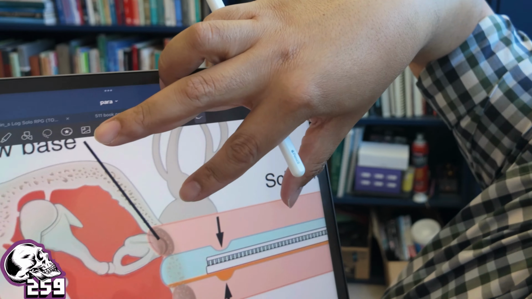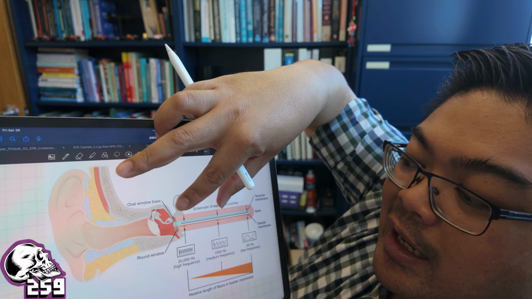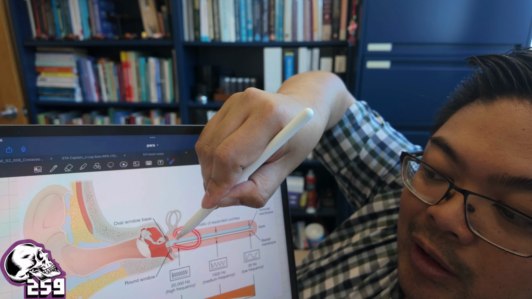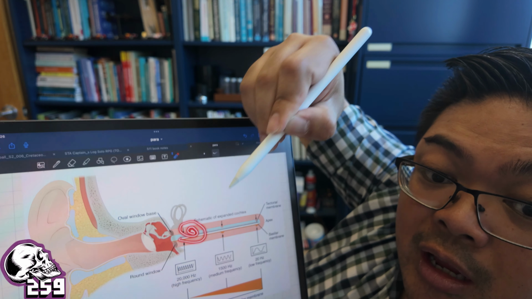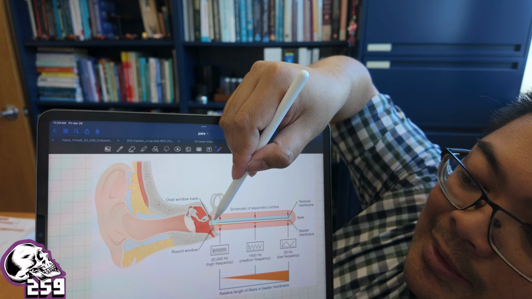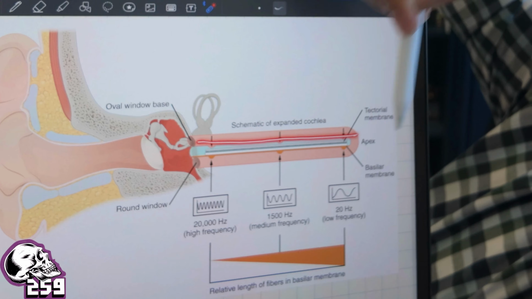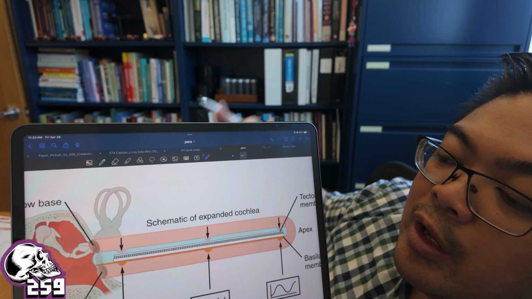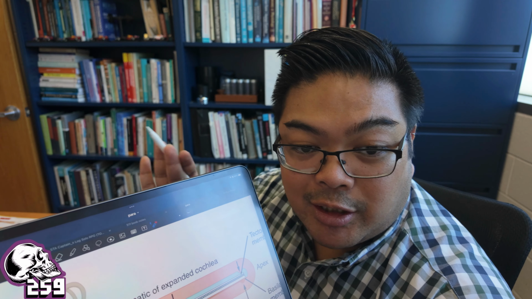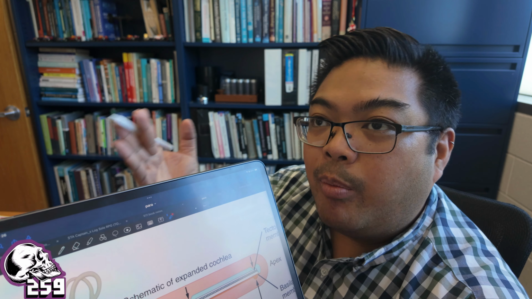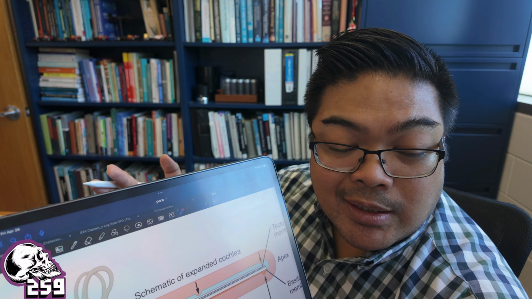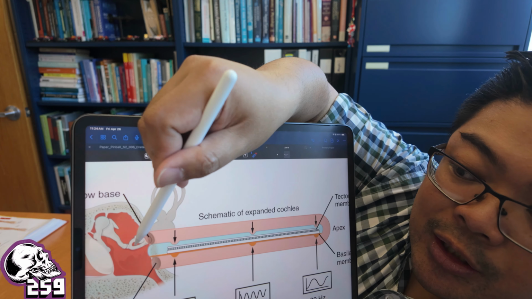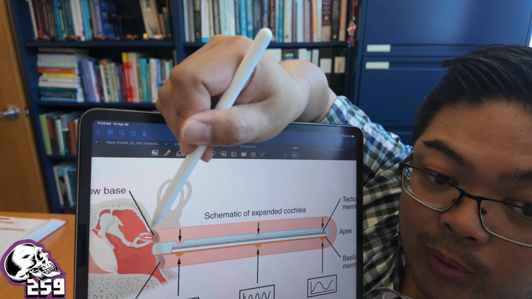Okay. So this figure I like because it has uncoiled the cochlea. Remember, typically the cochlea is going to look like a coil structure over here. This figure instead has uncoiled the cochlea so that we can focus on the basilar membrane. The thing about the basilar membrane is it's going to bend in different locations based off of the frequency of sound that is being transmitted to the oval window.